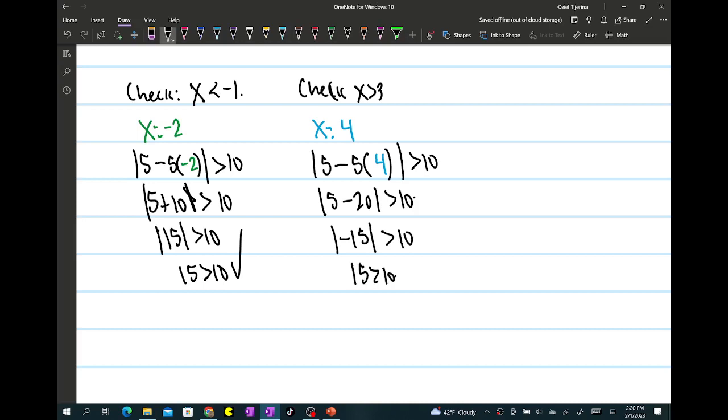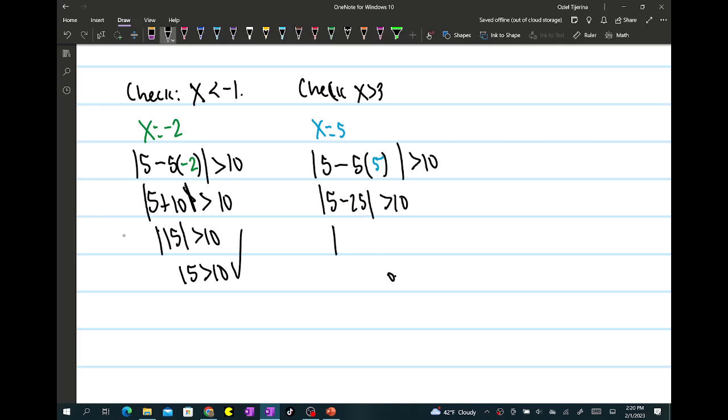You can pick another number. If we did, for example, x is equal to 5, I can do minus 5 times 5, and then that'll give me the absolute value of 5 minus 25 is greater than 10.